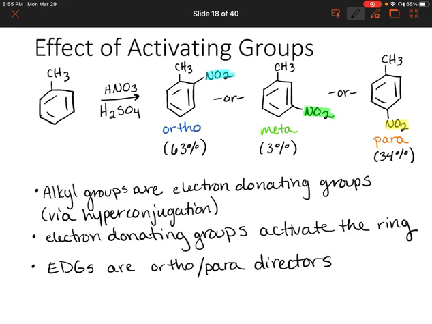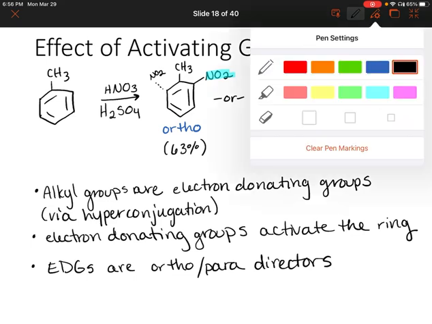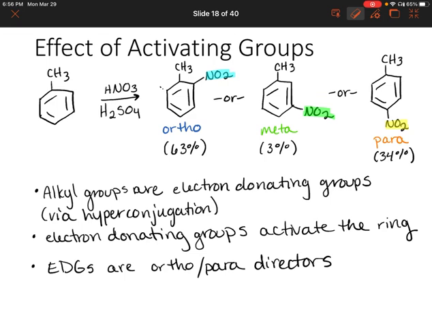We could have also added NO2 to the left here. But how many para positions do we have? Only 1. So there's a 2-to-1 ratio between ortho and para positions. So that means we're going to produce twice as much ortho product compared to the para product. So just something to remember and keep in mind there.